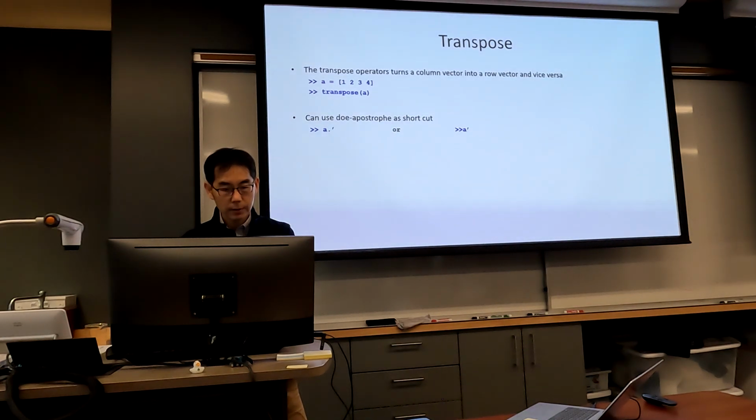This is my row vector. If you just use an apostrophe, it becomes vertical, a column vector. So B is equal to A apostrophe, and my B is a column vector. If you use B apostrophe, it becomes a row vector. So you can transpose from row to column, and from column to row, by using this apostrophe.